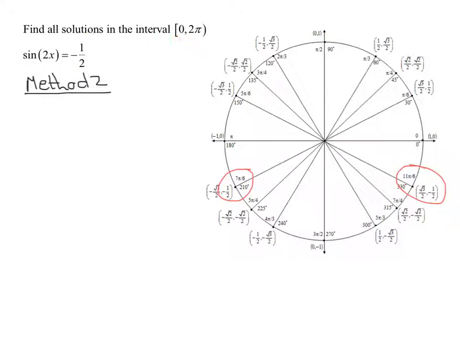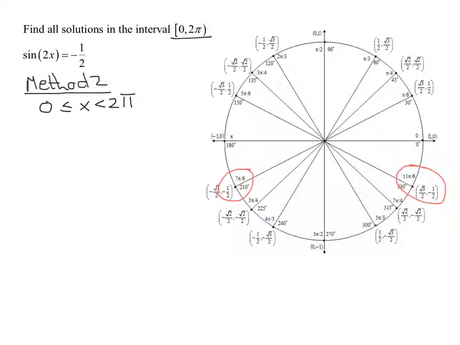Now I'm going to solve the same problem doing it a slightly different way. In this method, we start off with, we know the value of x that we want to find has to lie between 0 and 2 pi, because that's what we're stated with in the problem.